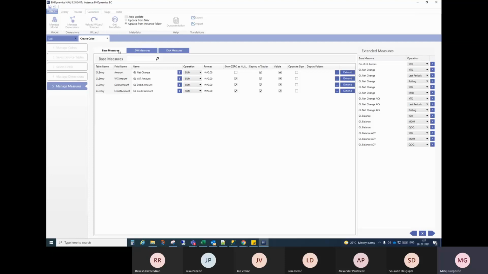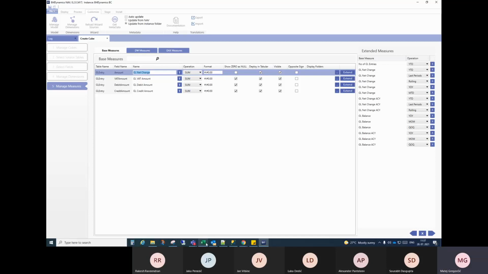Now, base measures, those are the measures that come directly from Navision, and we do no transformations on them. It is simple. Table name, GL entry. The field name would be amount. This will translate in the reports to be seen as GL net change.